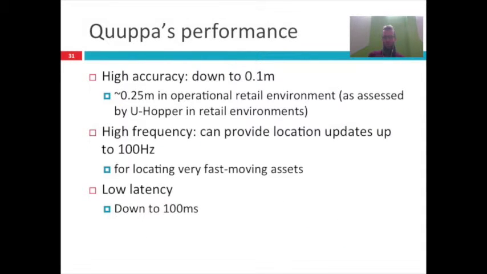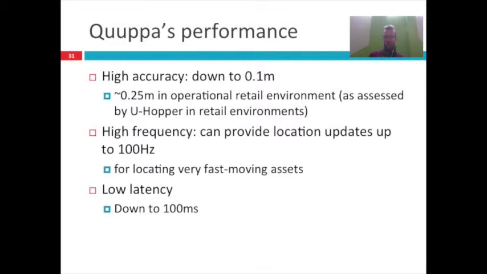Kupa's performance. The most peculiar feature of Kupa system is high accuracy, down to 10 centimeters, which is much more than what we can achieve with iBeacons. We actually measured in retail environments approximately 25 centimeters accuracy in operational environments.